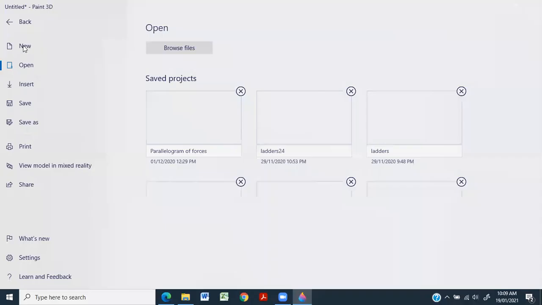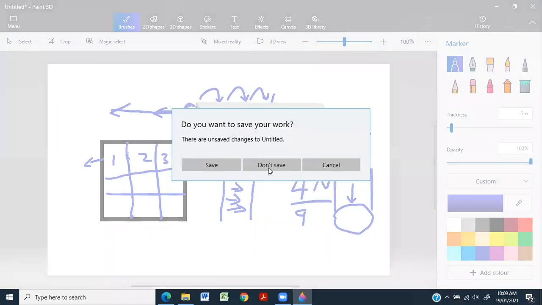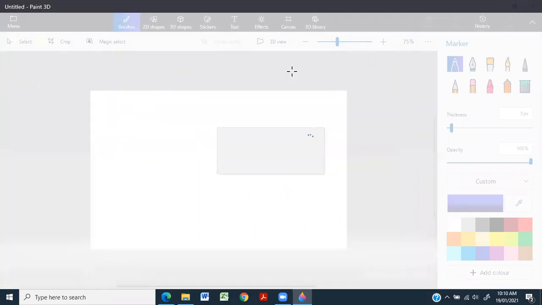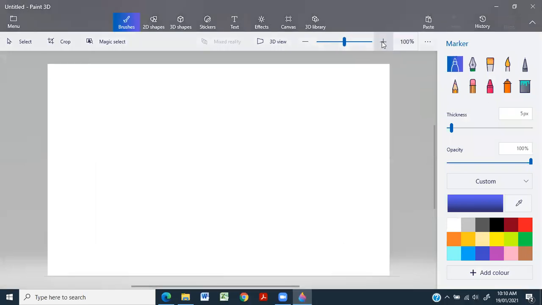Now strain. So strain is equal to the change in length.